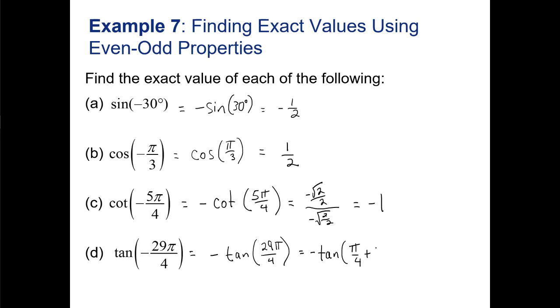And 28 divided by 4 is 7, so we'll just write those as 7 pi. Okay, so this is all just taking us back to the same place. All we really care about is tangent of pi over 4. We've got this negative in front of it still, so negative tangent of pi over 4 is our result. And the tangent of pi over 4 is positive 1, but the negative here tells us that the tangent of negative 29 pi over 4 would be negative 1.